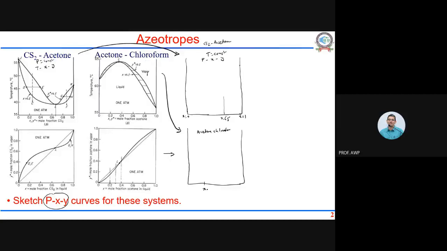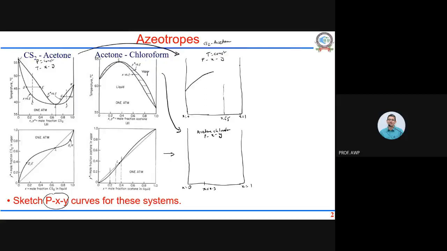How will the PXY look for CS2 and acetone? The azeotrope is 0.65 now. Pressure would be maximum at 0.65, correct.